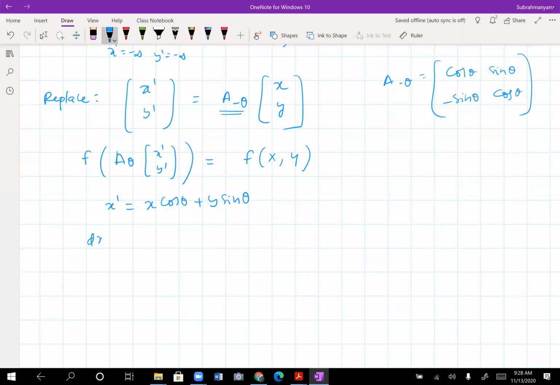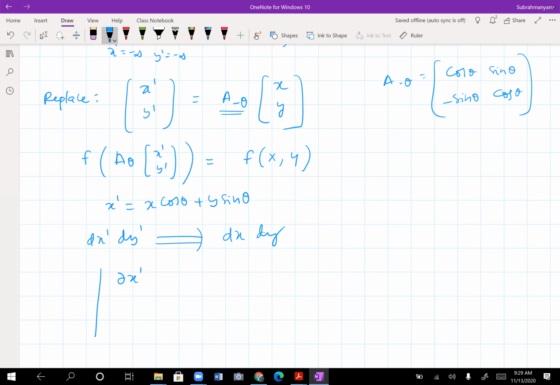Dx dash dy dash. Okay, that you should now write in terms of dx dy. Any idea on how you could do that? Differentiate the equation. Yeah, there are two variables here, so Jacobian would come into the picture. Okay, so from your calculus, I hope you are aware of this.